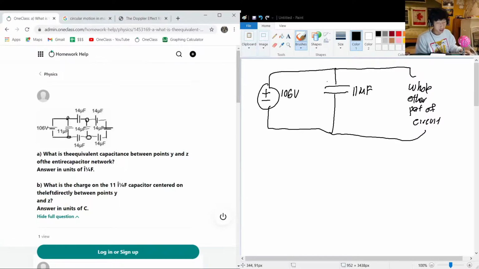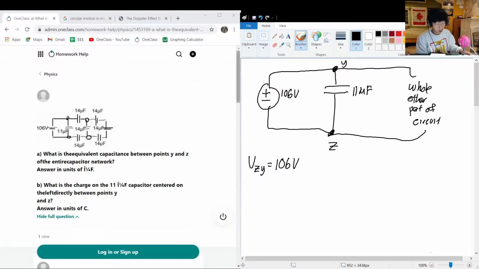Okay, now the reason why the other part of the circuit is not really relevant is because we know that the voltage is always the same for the rest of the circuit, right? So the voltage between Y and Z, actually I'll do ZY instead to make it a little bit more formal, this is equal to 106 volts.